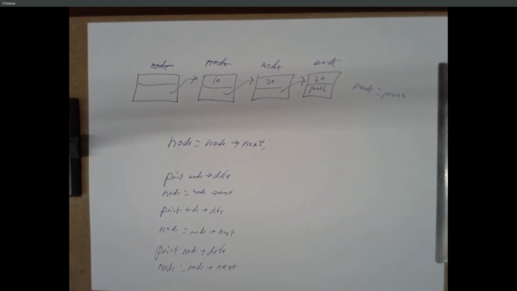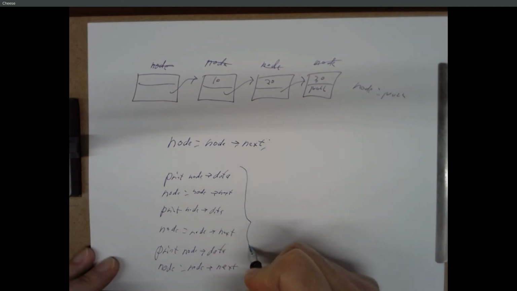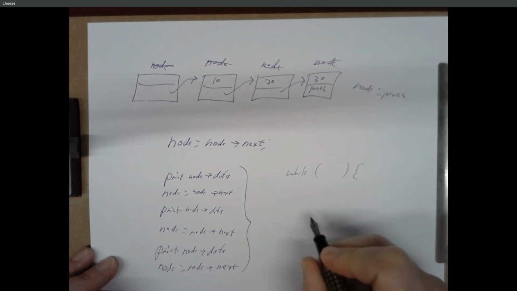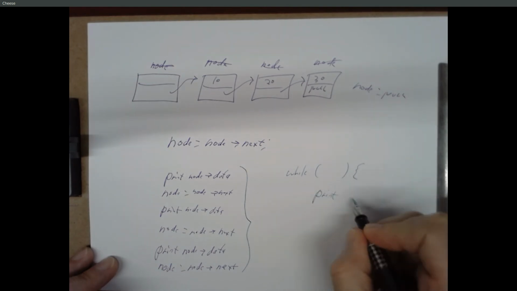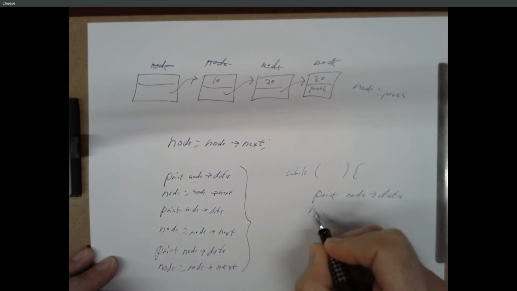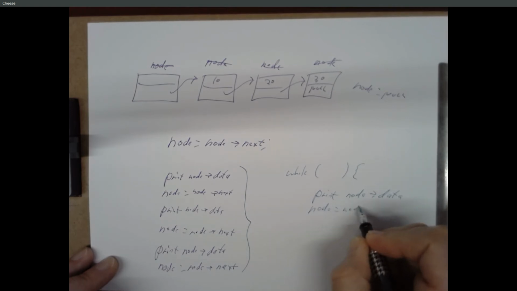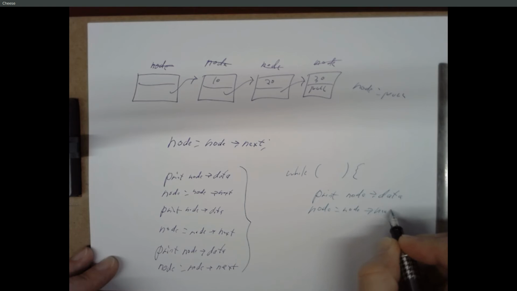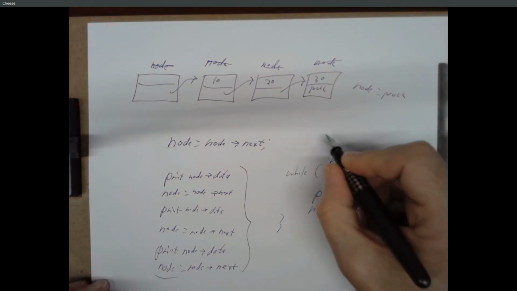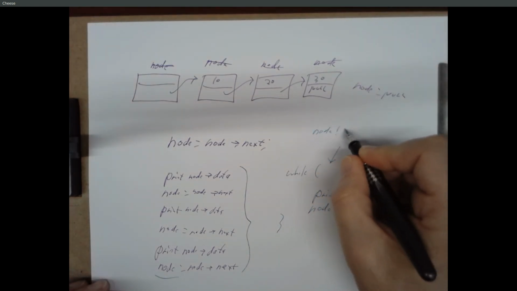So this suggests what I want in my while loop is print node arrow data and node equals node arrow next. And I want to stop when node is equal to null. So I'm going to say while node is not null.